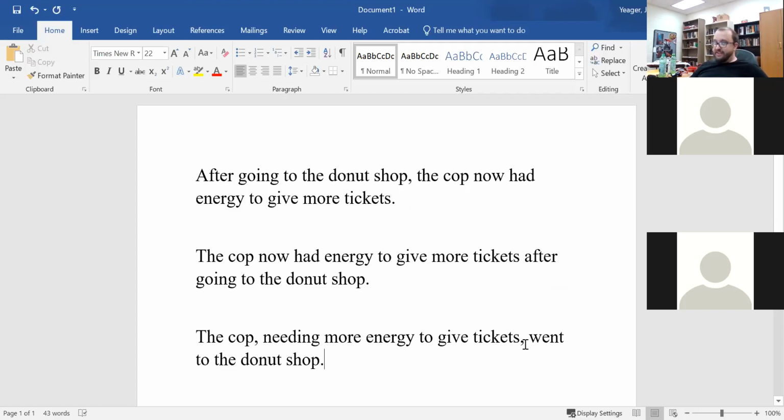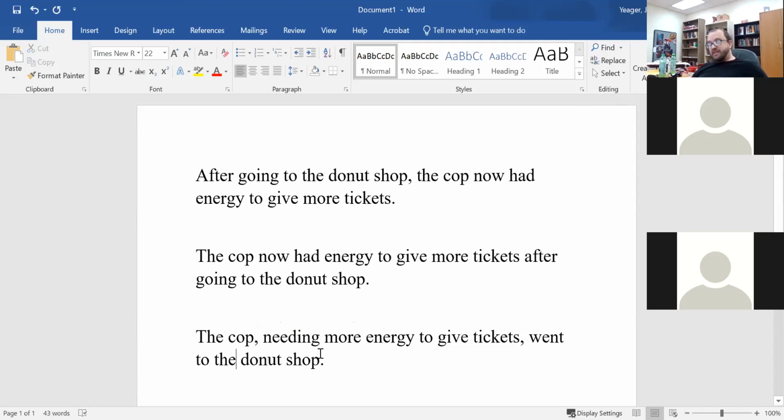All right, so when you write the sentence this way, notice that I put commas around it. Putting the commas around it suggests that you can cut that out of the sentence. So the cop went to the donut shop. Well, the sentence still makes sense, even if you take the "needing more energy to give tickets" part out.